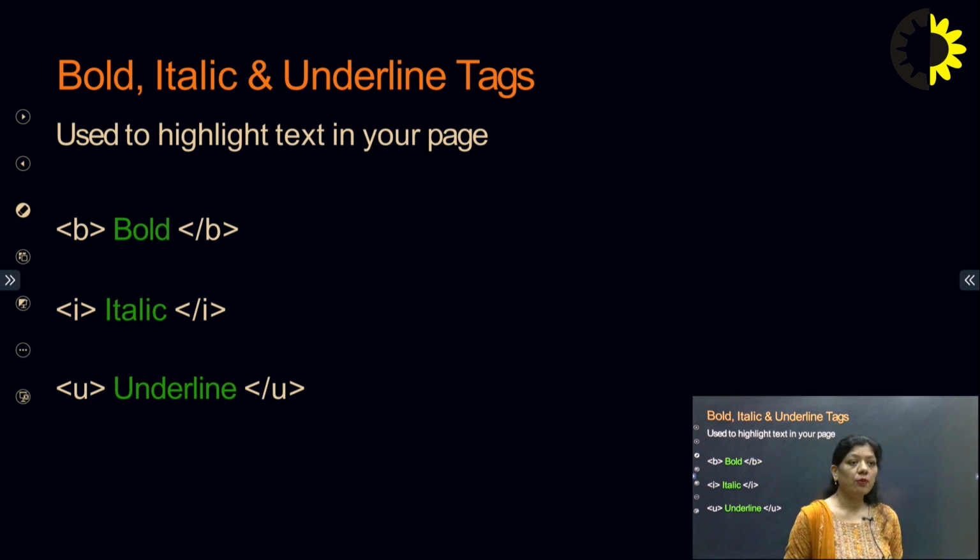In italic form the symbol is I, and if we write anything in opening I and in closing I tag, automatically it will convert in italic form. Similar is U, meaning underline. If we write anything in between opening U and closing U, that will automatically generate underline in the text.